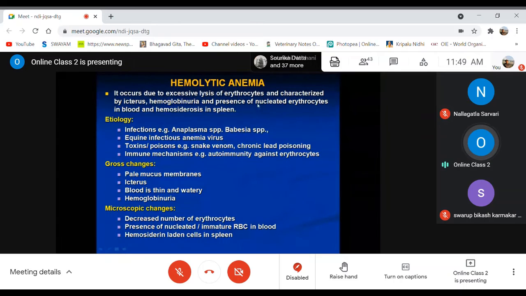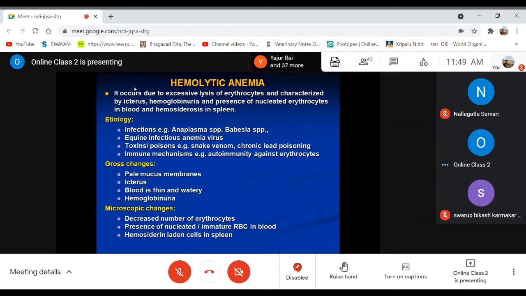Hemolysis or hemolytic means lysis of the RBC, severe destruction of the RBCs. Because of that, there will be reduction in the number of RBCs. And mostly after lysis of these RBCs, as we have already discussed about icterus, that means jaundice, that is one of the most common indications that the animal will have icterus, that means jaundice, yellowish discoloration of the visible mucous membrane or the skin. That is the first characteristic feature.